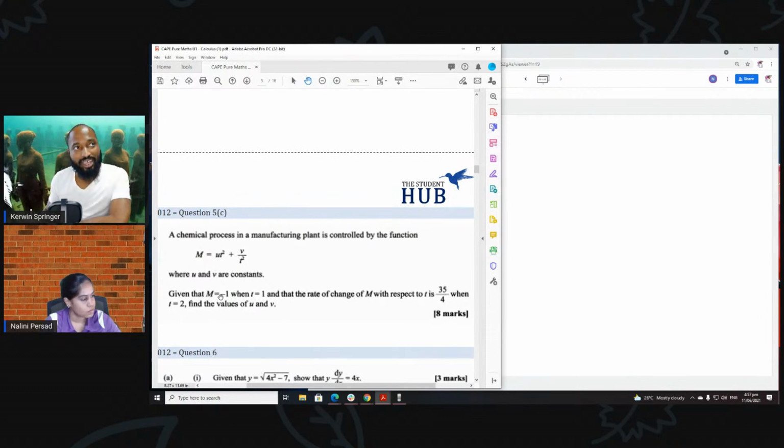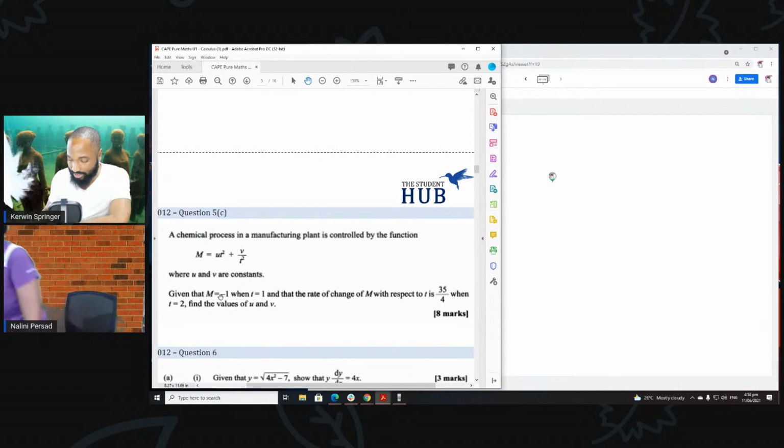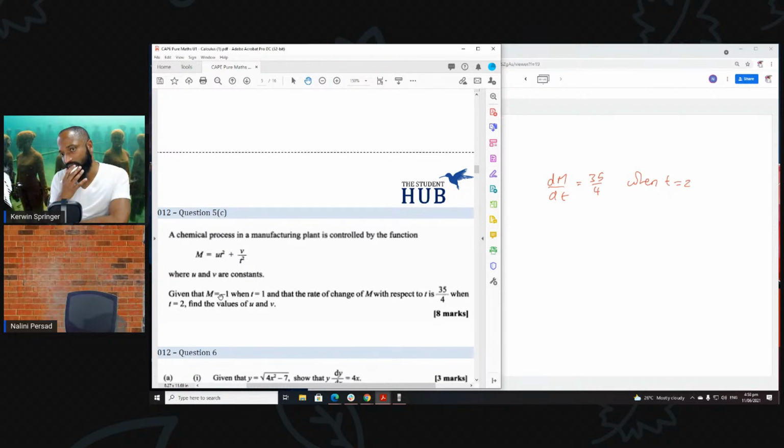And the rate of change of m with respect to t, this is just a fancy way of saying dm/dt, is equal to 35 on 4 when t is equal to 2. Find the values of u and v, which are constants. So this and this are constants, and t is the variable.